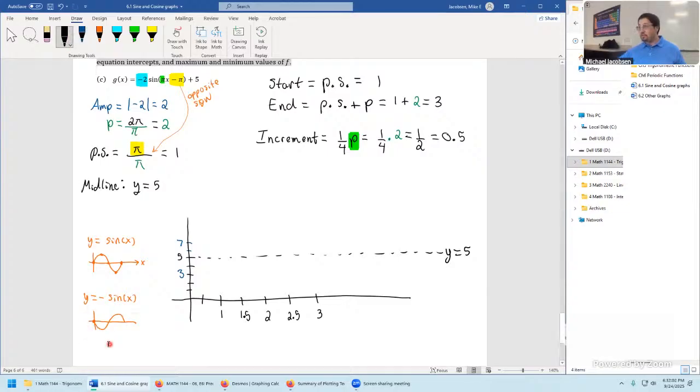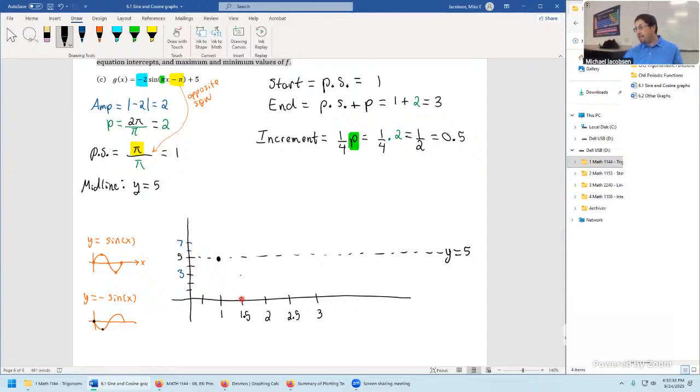We just need a curve that looks like this. So sine, whether there's a positive or negative on it, is always going to start on the midline. It just happens we're also starting at 1. So this is the first point we plot on the sine wave. Essentially, what we plotted is that location, but it just got moved around in our transformation. We move over to the next tick mark. This is where we're going to hit the minimum.